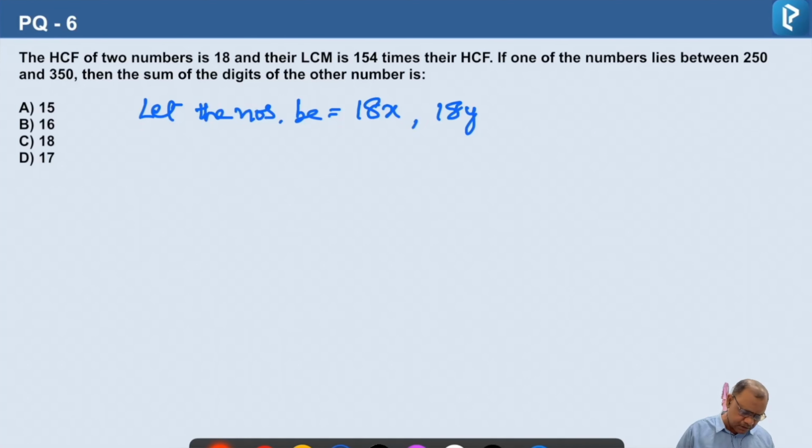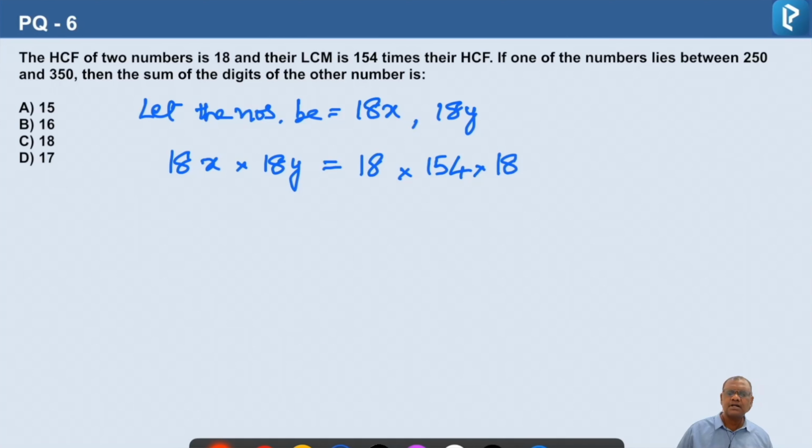So here 18x into 18y, the product of the numbers, is equal to HCF into LCM. So HCF is 18 and LCM is 154 times of HCF. This is the equation.